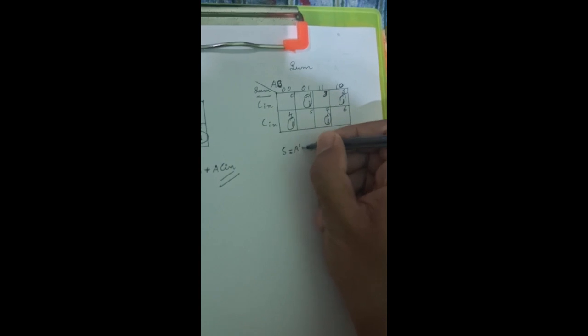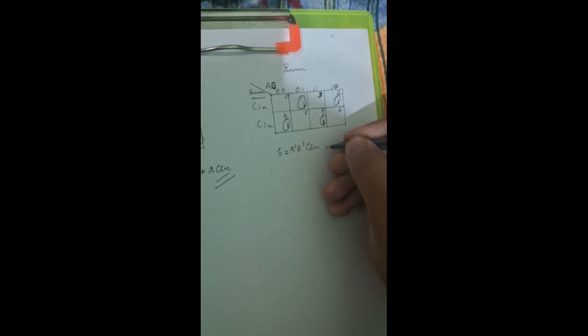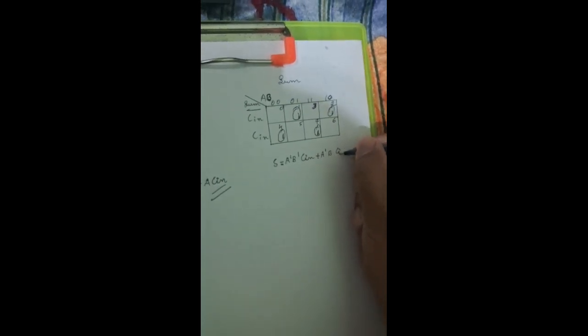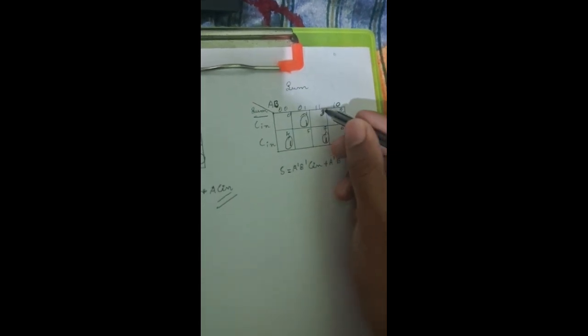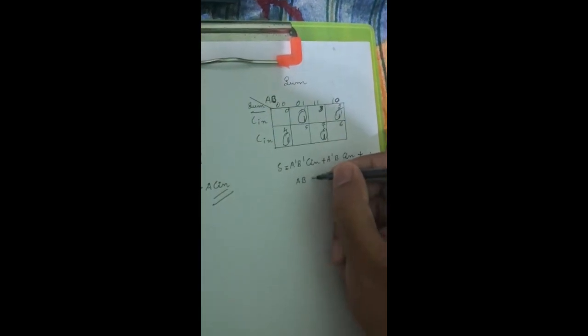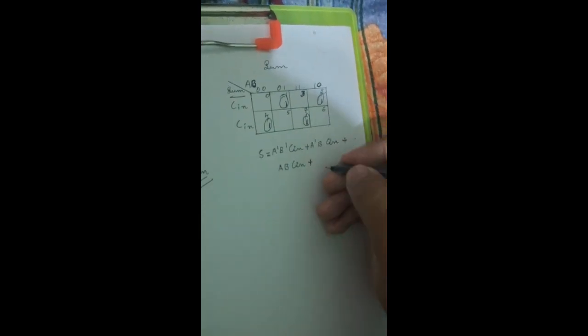A bar B bar C in for this, and for here 0 means A bar, 1 means B, C in, plus, 1 means A, B and carry in, plus, 1 means A, 0 means B bar, and C in bar.